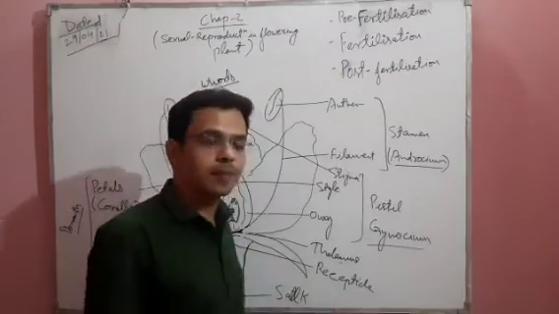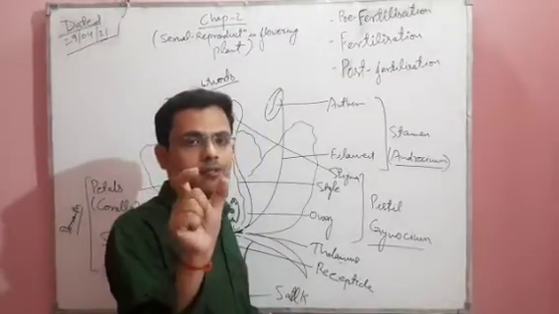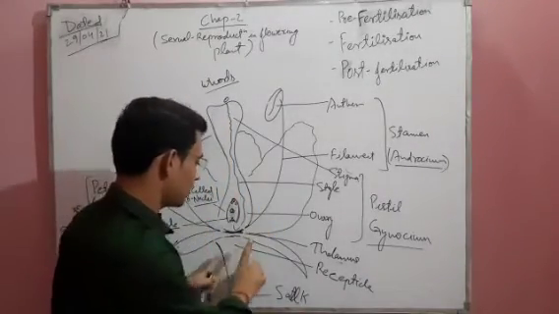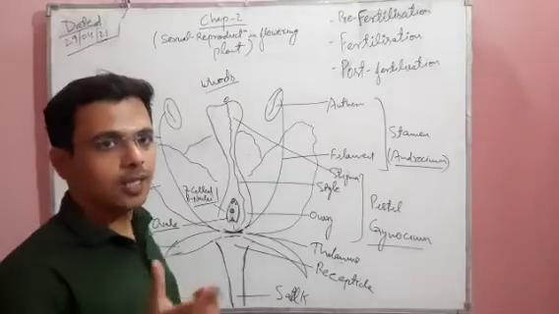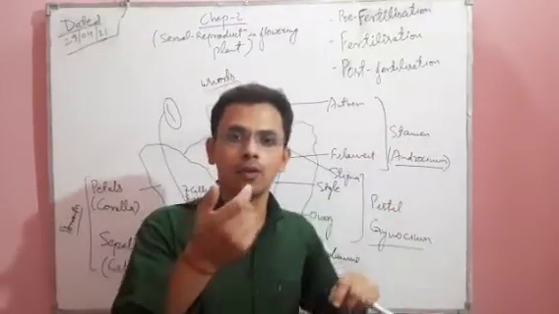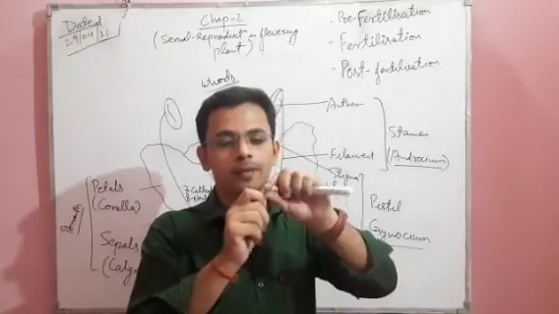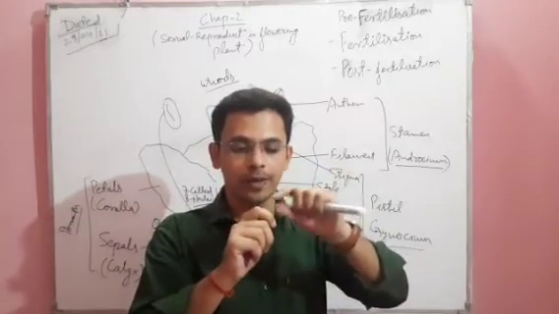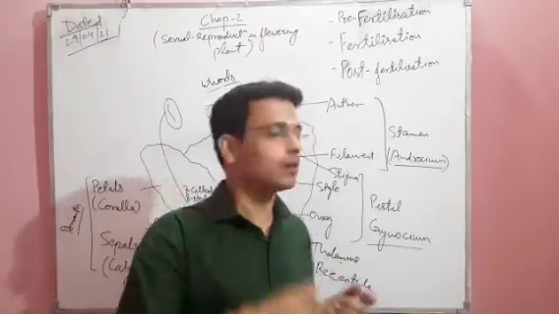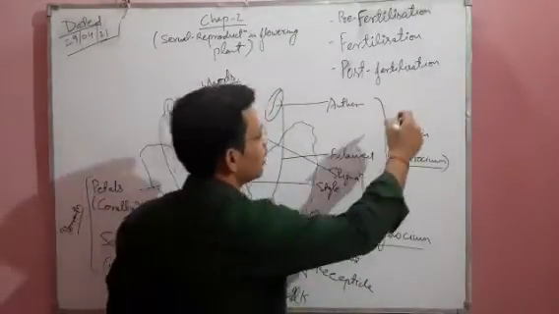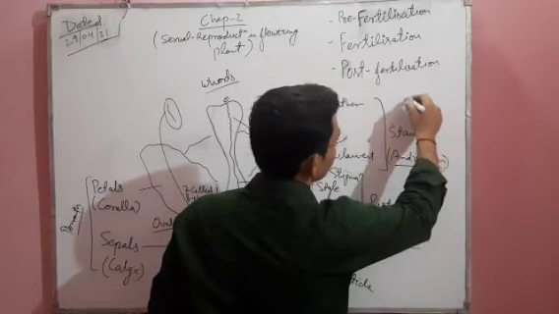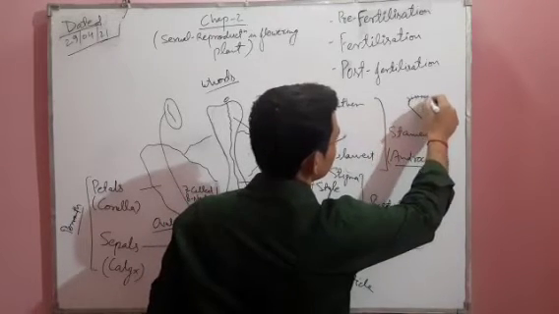Now the second is the receptacle. What is the receptacle? The receptacle is a clump-like, thick structure which holds all the flower parts. When we take a rose and break down all these parts, in the end you will remain with only this type of structure.